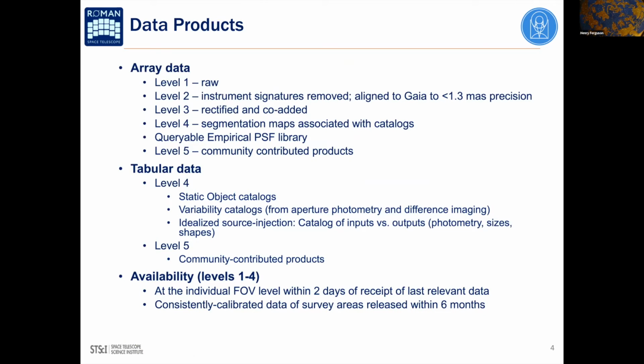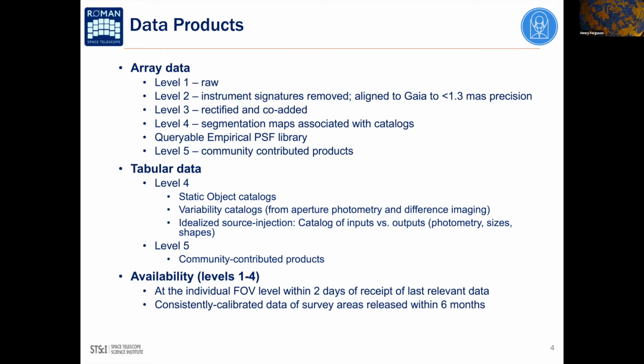The data products have various levels. The numbers are a little different from JWST, but same idea. The raw data, which I think most people won't need to touch, comes into the Institute. It gets metadata and formatting and so on at level 1.